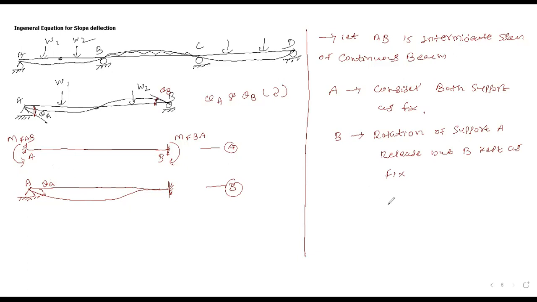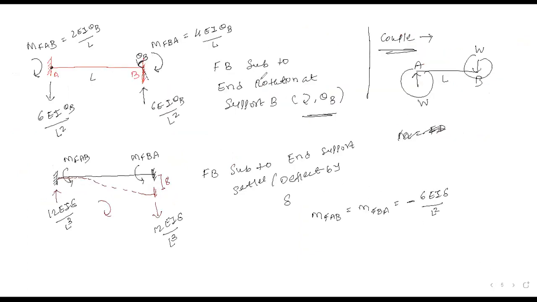So again, just observe the previous slide. If any support is rotated by theta, the moment at that particular support is 4EI theta by L, and on the far support, that is half of that, 2EI theta by L. Same will be applied here.